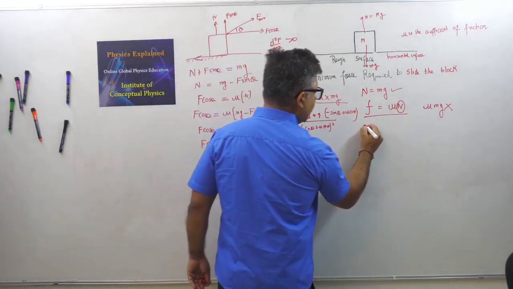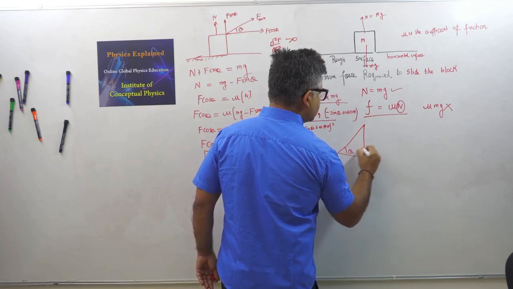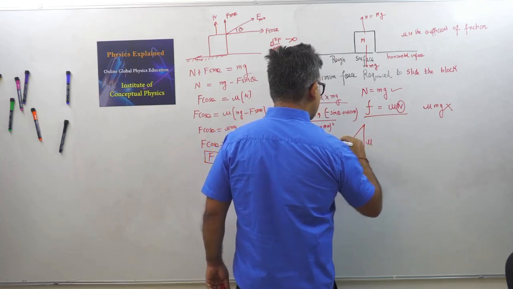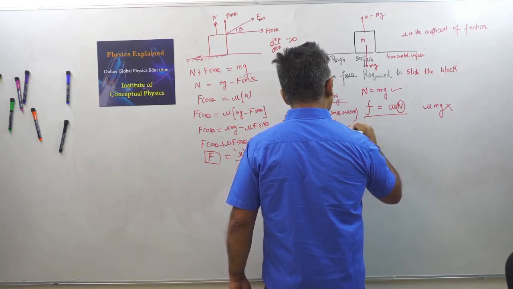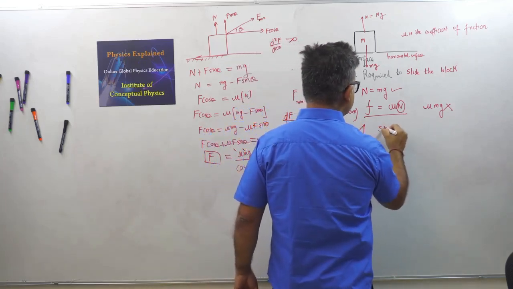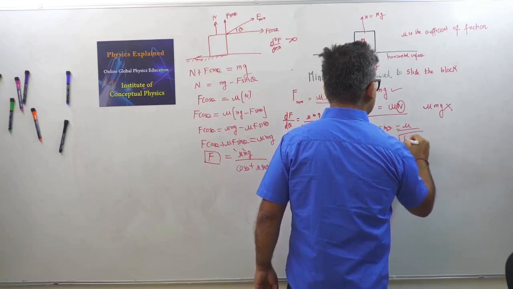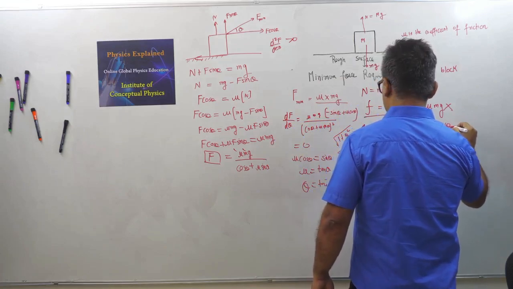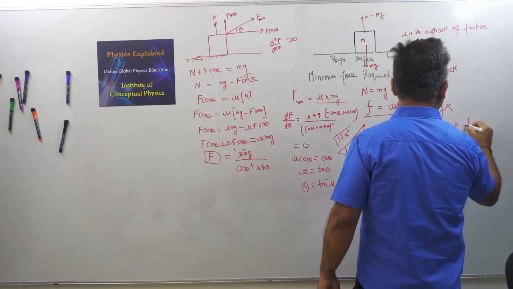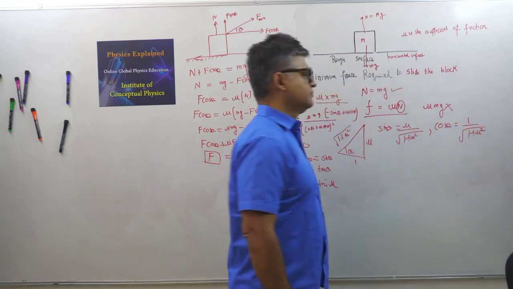So I will just draw a triangle saying that this is my theta, this is my mu, this is 1, this is under root of 1 plus mu square. So sine theta is equal to mu upon under root of 1 plus mu square, and cos theta is equal to 1 upon under root of 1 plus mu square.